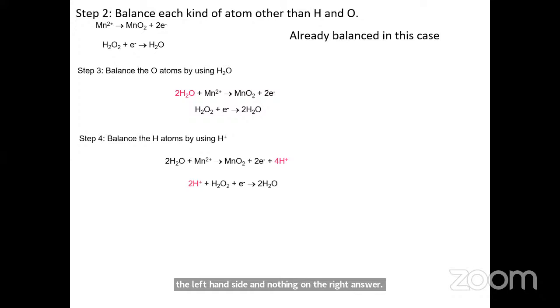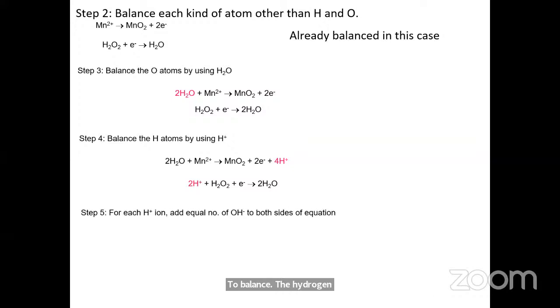And then for the hydrogen peroxide, we have 4 moles of hydrogen on the right-hand side and 2 moles of hydrogen atoms on the left-hand side. So we need to add 2 moles of hydrogen ion on the left-hand side as well to balance the hydrogen.